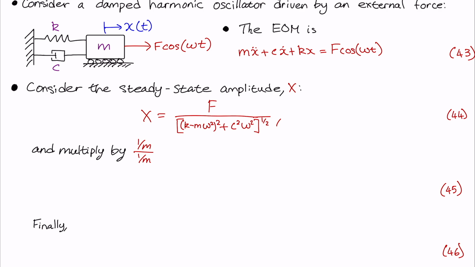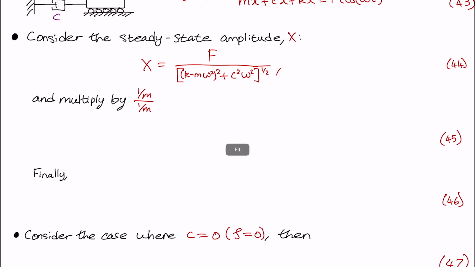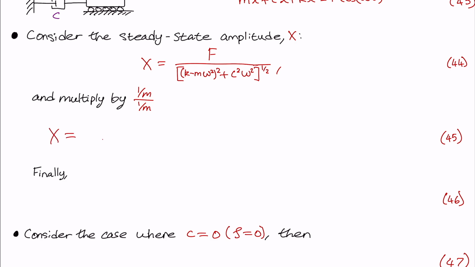Okay, we're going to multiply by 1 over m divided by 1 over m. This is equivalent to multiplying by 1. So we're going to do both sides. On the left, we're going to treat that as 1. On the right-hand side, we're going to separate it and bring it in. We're going to get here, big X is equal to big F divided by m. We're going to bring our m into the square root, which will make it a square.